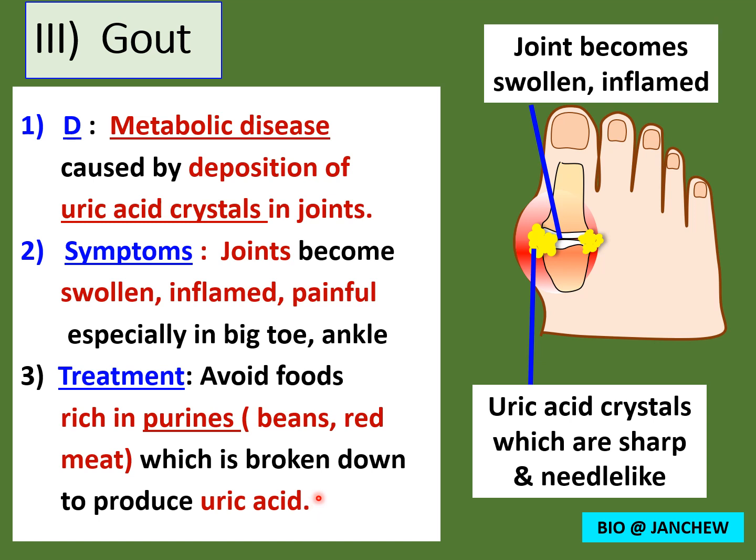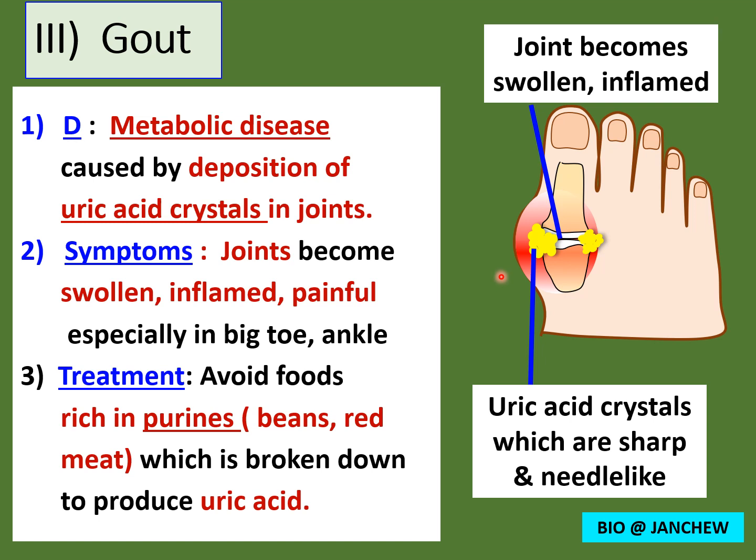However, for a person with gout, their kidney may not be able to excrete most of the uric acid, or their body is producing too much uric acid from the metabolism involving purines. So whatever the reason is, the level of uric acid in the blood of gout patients is high.